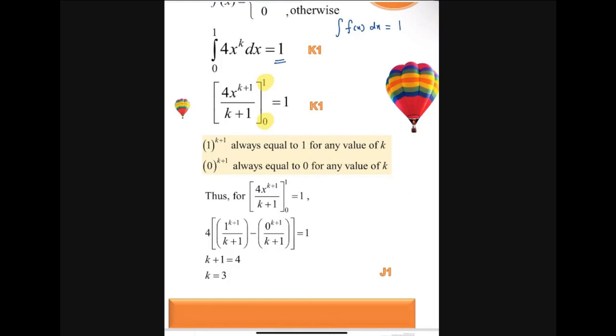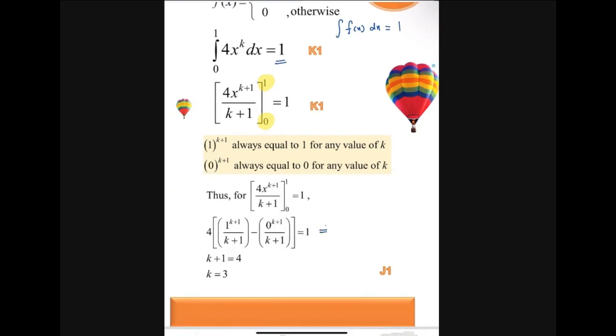Just remember 1 to the power of any power will be equal to 1, and 0 to the power of any power will always be 0. So if I simplify this, this would be 4 of 1 minus 0 over k plus 1. And then that's how we get 4 is actually k plus 1. So our final answer, k is 3.